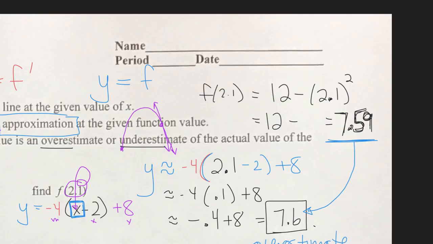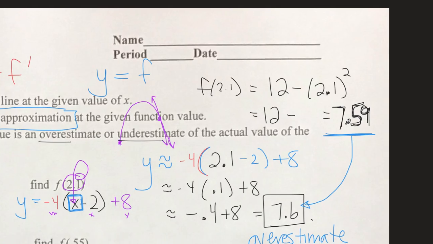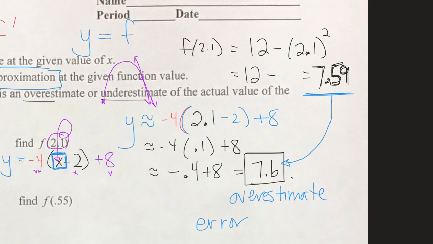Right, so then we can look at the error. How much of an error do we have? Well, I had 7.6 as my approximation, minus the actual of 7.59. So how far off was my answer? 0.01, right? 1/100th is my error, which is good enough for government work, as they say.